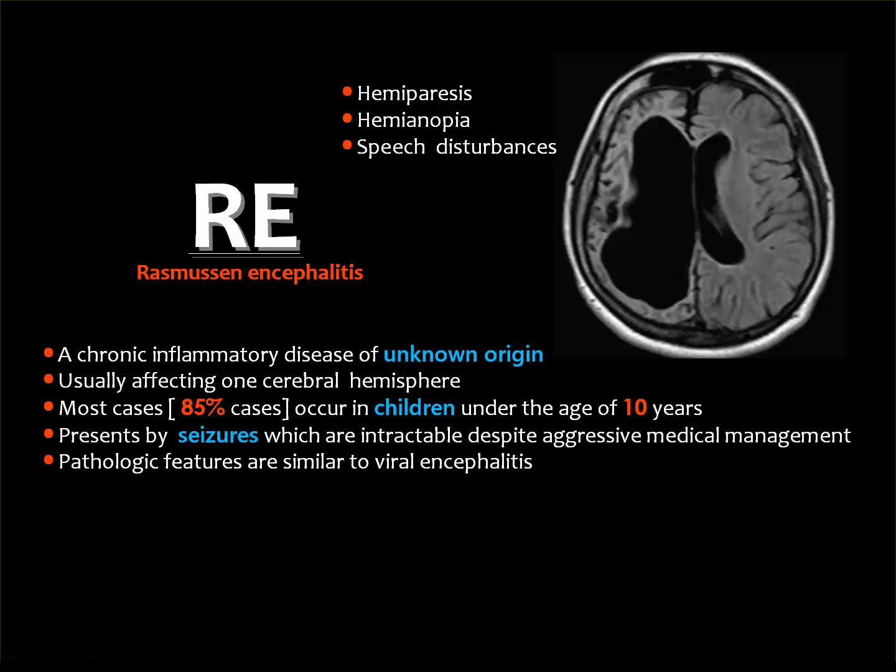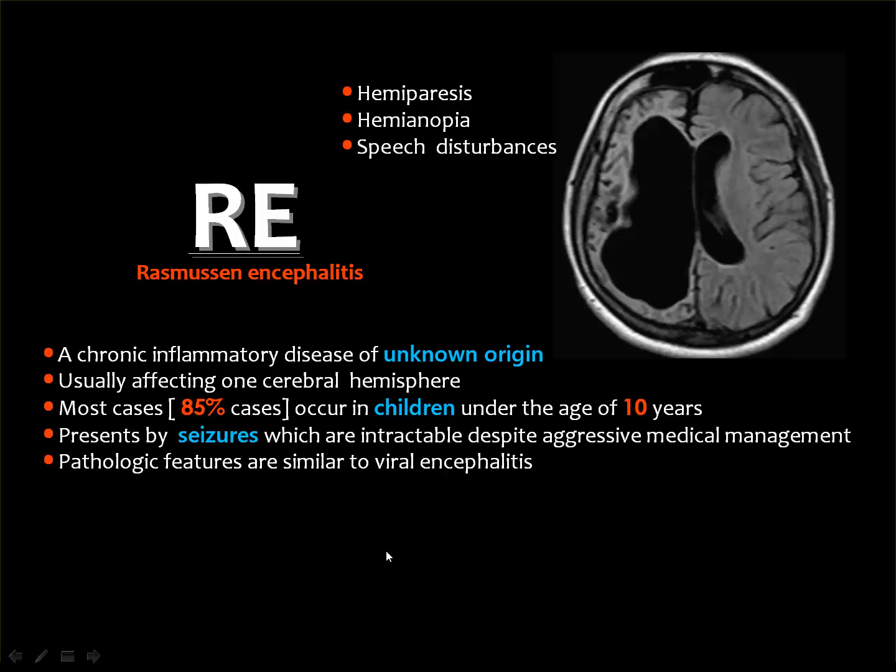One of these encephalitides is known as Rasmussen encephalitis. This is an inflammatory lesion of unknown origin, usually seen in children around the age of 10, and the main presentation is seizures.